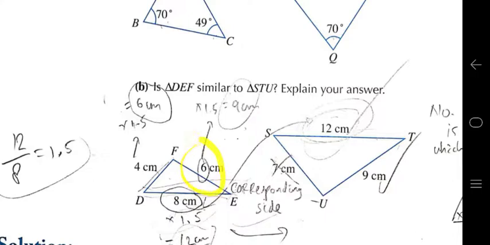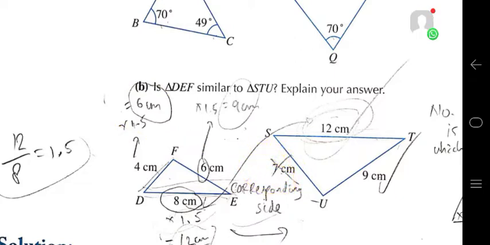What we can see here is when you times 6 by 1.5, you get 9. 8 times 1.5, you get 12. So we have to check whether 4 times 1.5 is 7. 4 times 1.5 is not 7, it's 6. So this should be 6.